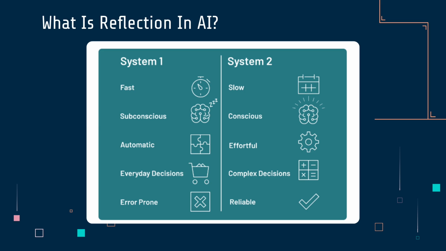System 2 activities are more conscious, more effortful, and can solve more complex decisions. They are less error prone because they can evaluate whatever they have done, critique their own actions, and then address those criticisms before giving the user the final response.